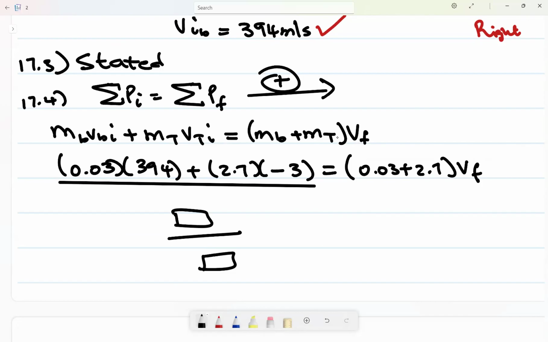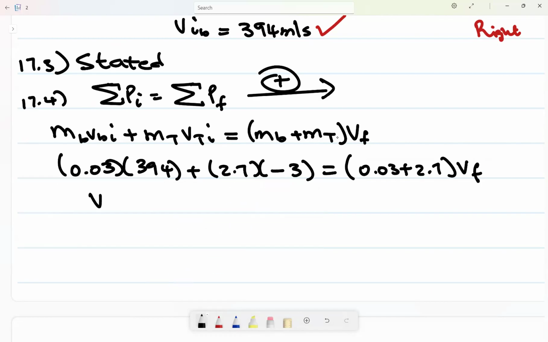Then divide by all of that, which is 2.7 plus 0.03. Then you get a unique answer: velocity final is equal to 1.36 meters per second.